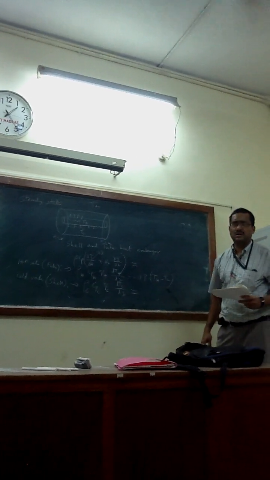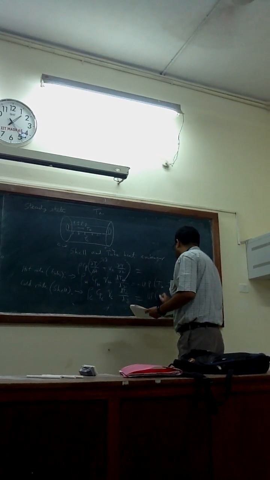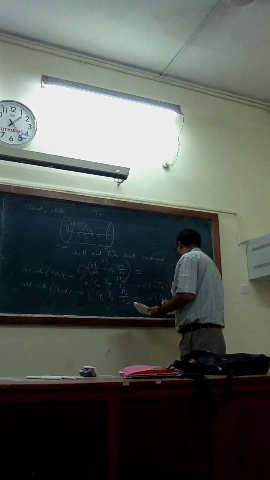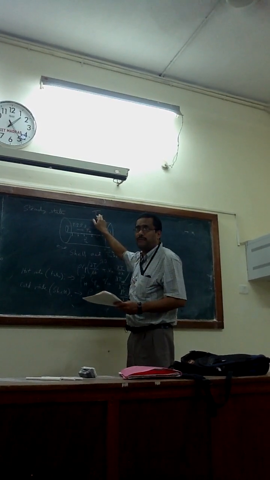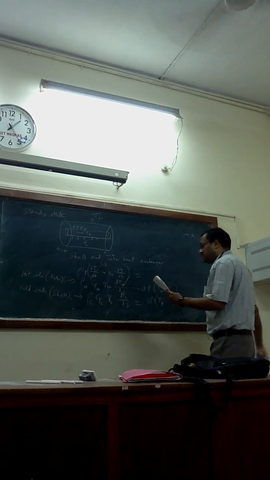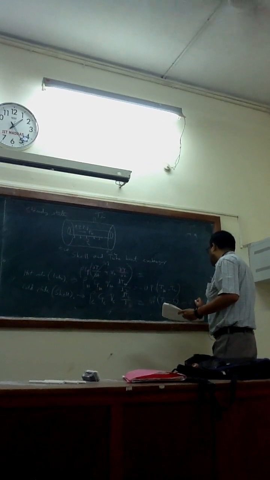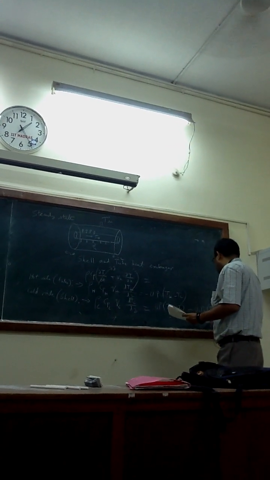It should be plus because heat is coming into the system, right? UP (TH minus TC). But the ambient is cold, ambient is there. So heat will be lost here. This is U1 P1 (TA minus TC).